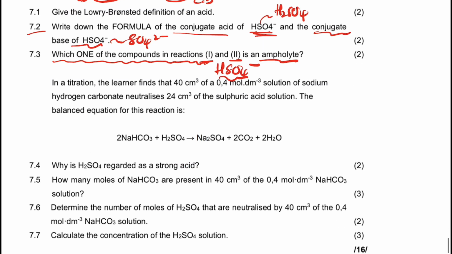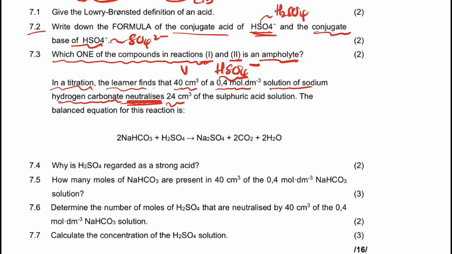Now it says here, in titration, Elena finds 24 cm3 of a 0.4 mole per dm3 solution of sodium hydrogen carbonate neutralizes, this is important, guys, this is a volume of a what?